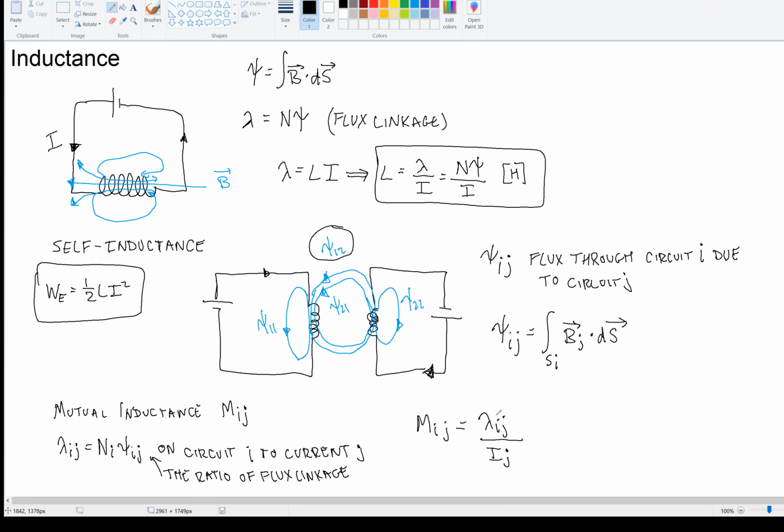So this is the ratio of flux linkage on circuit I, and then to current J, right? That ratio. So we can write this as Ni lambda psi ij over Ij, like this.